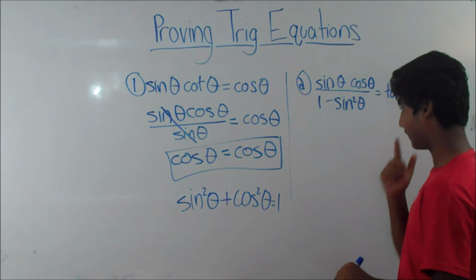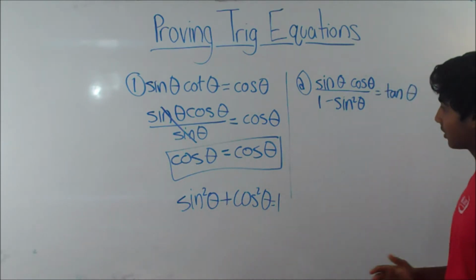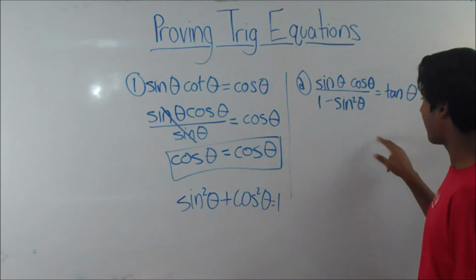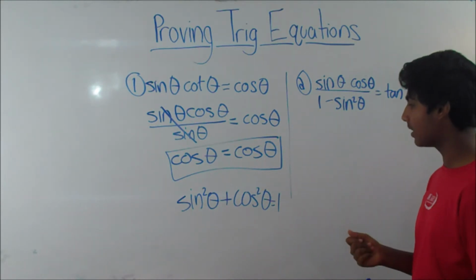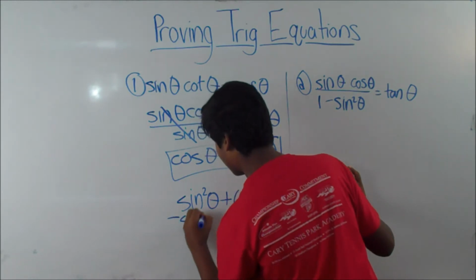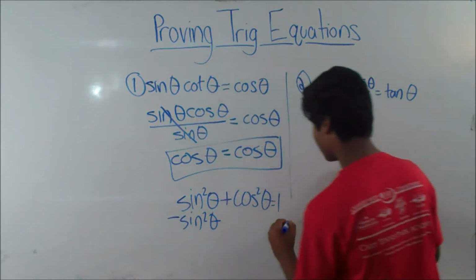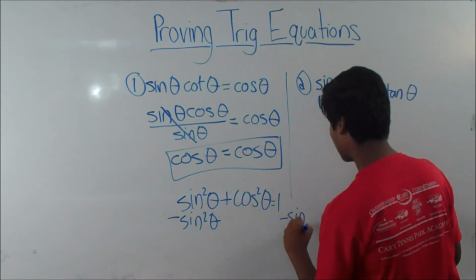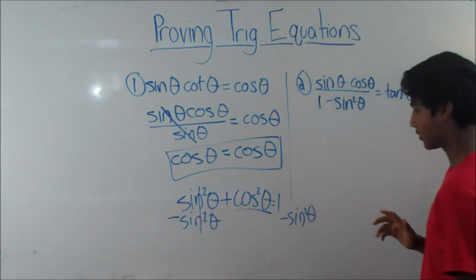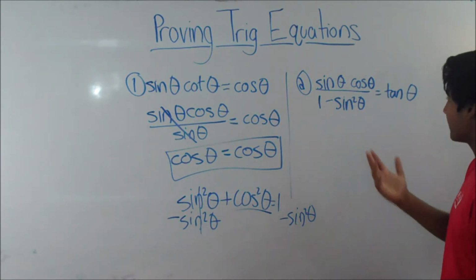Everything is based off of it. So if you want to know what 1 minus sine squared theta is, you should automatically think it's cosine squared theta, because you can just take sine squared theta away, and you have cosine squared theta. So you could change it like that.